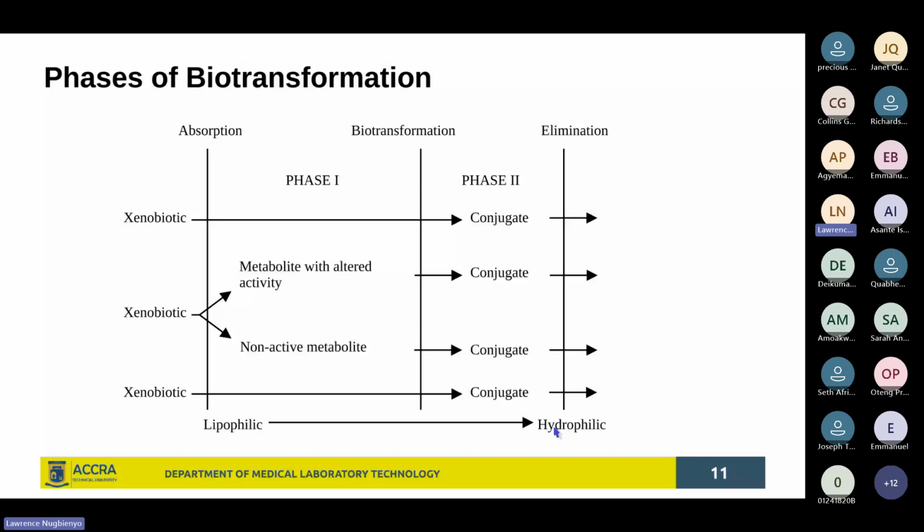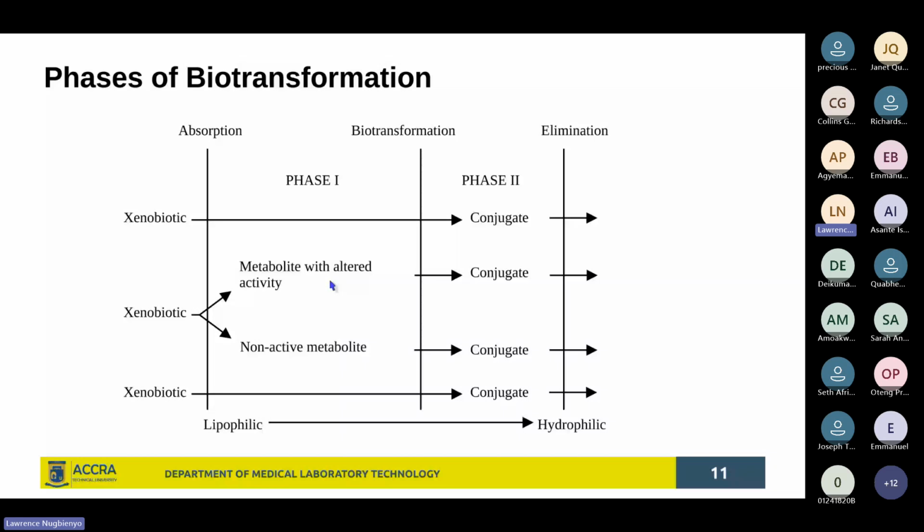So you see on these vertical lines it's been written absorption, biotransformation, and elimination. These are the stages through which the substance passes. But then you have the two phases of biotransformation: either you have conjugation as phase 2, or the drug can undergo a phase 1 reaction, which will result in a metabolite. So if the substance undergoes some biotransformation reactions, you have new substances forming out of it.